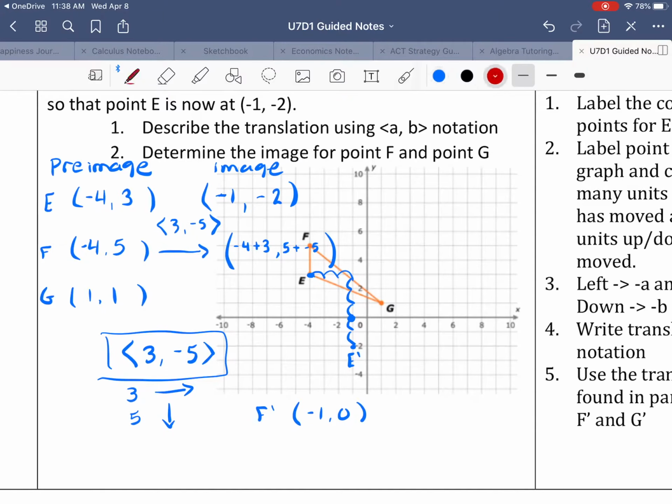Which means that puts us right here. I'll use a different color. Here's F prime.